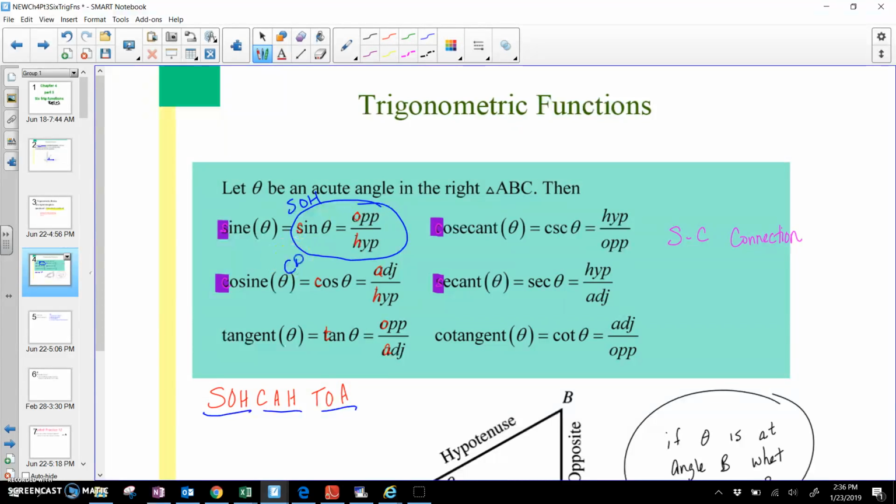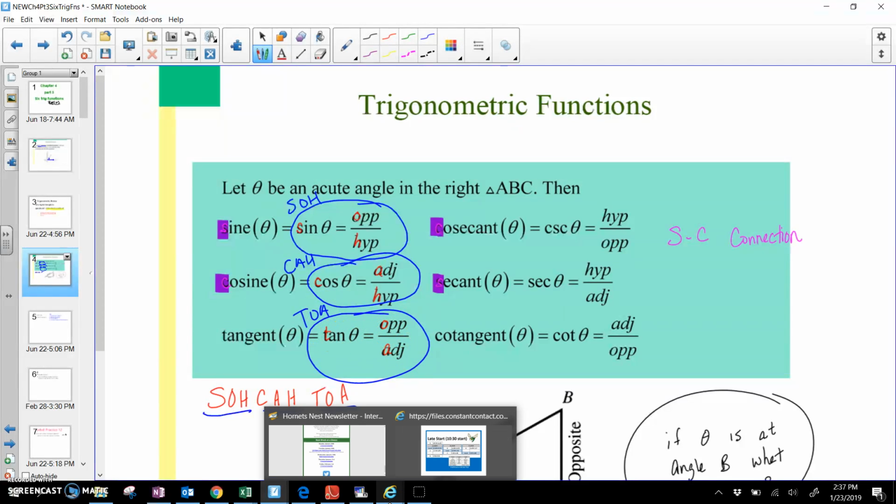The CAH part of SOHCAHTOA is that the cosine of theta equals the adjacent over hypotenuse. And you can see that we've highlighted those letters within. And the tangent of theta is the TOA part, which means tangent of theta equals opposite over adjacent.